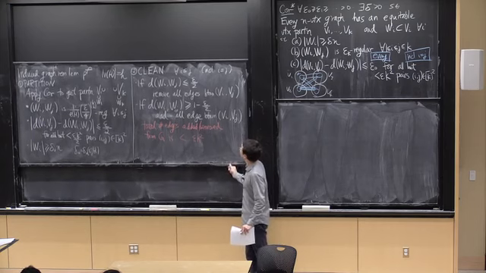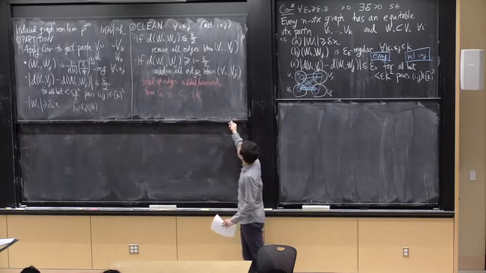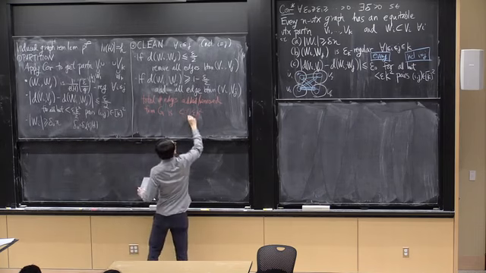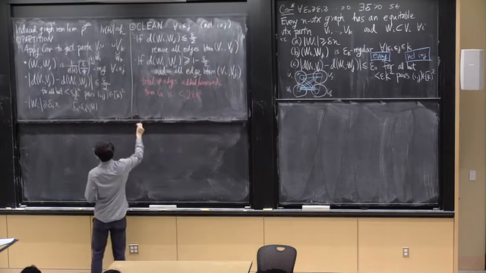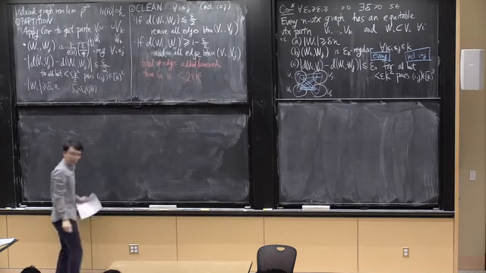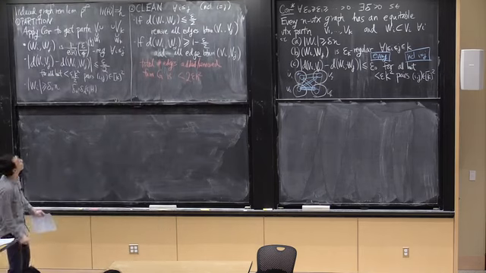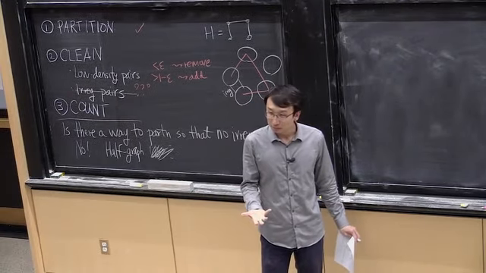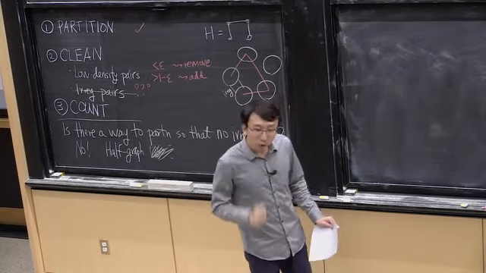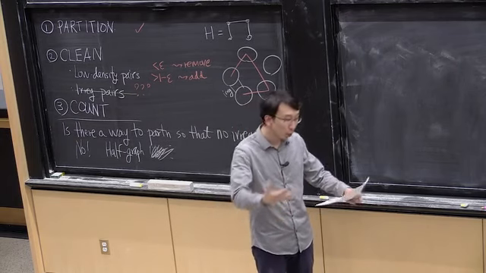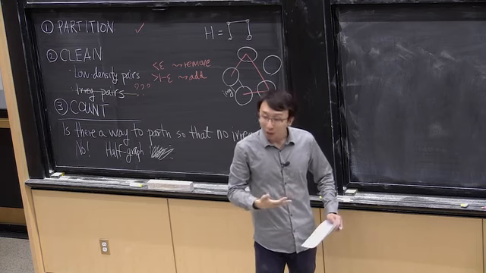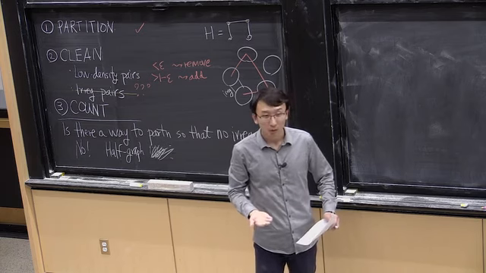So let me just put a 2 here just to be safe. All right. So we deleted a very small number of edges. And now we want to show that the graph that results from this modification does not have any induced H subgraphs.